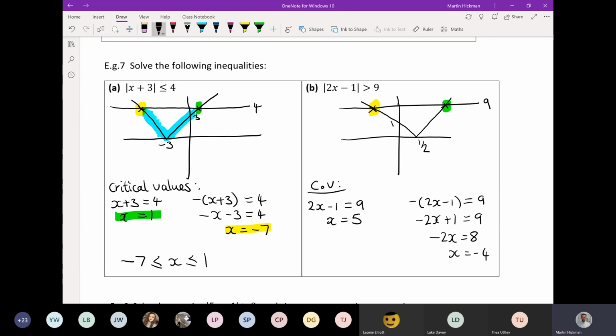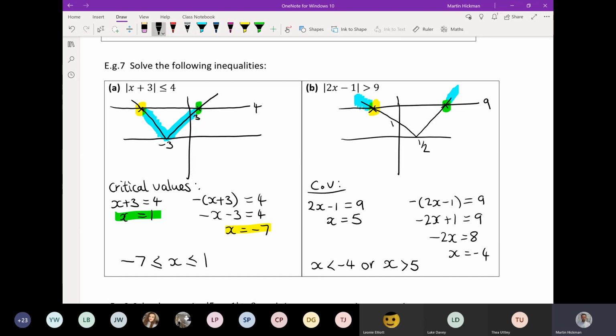So in this question, we're looking at where modulus of 2x minus 1 is greater than 9. So that's everywhere where it's above 9. I haven't really drawn much of this graph that's actually above the 9. But I hope you can see there, it's wherever x is less than -4 or x is greater than 5.